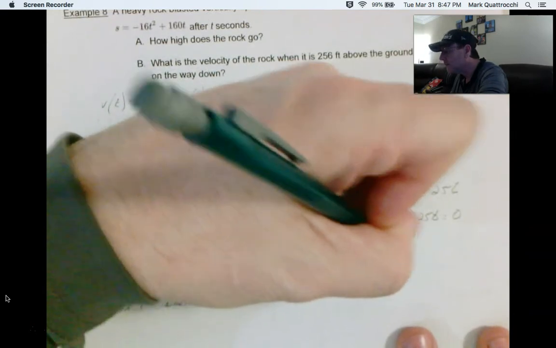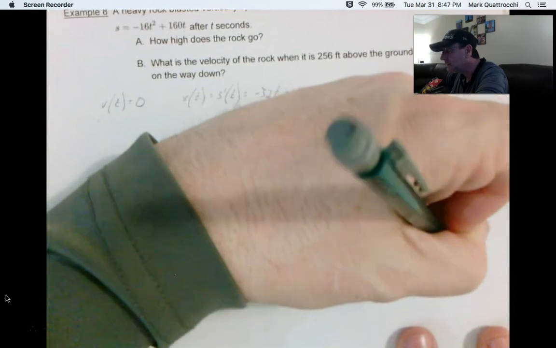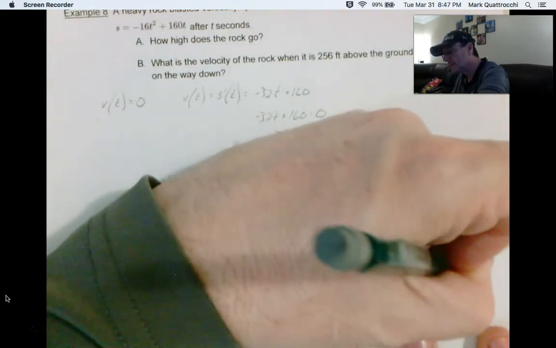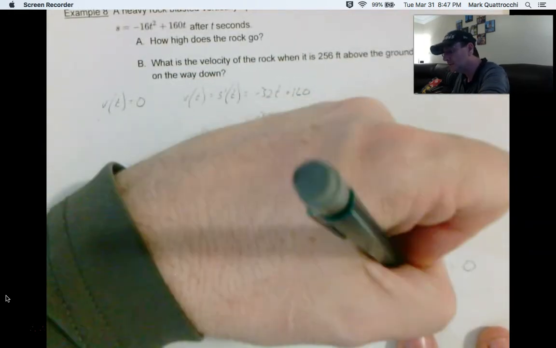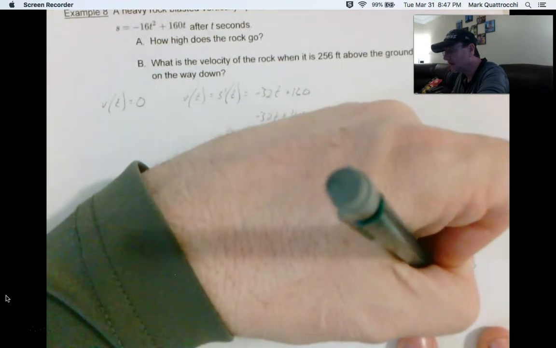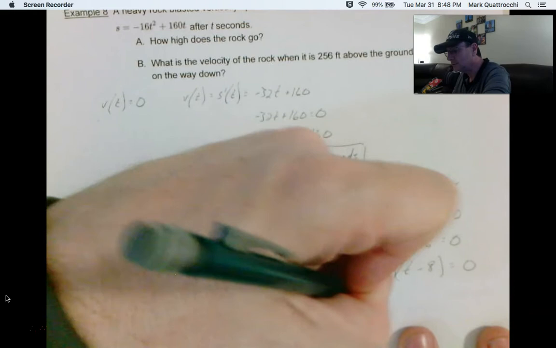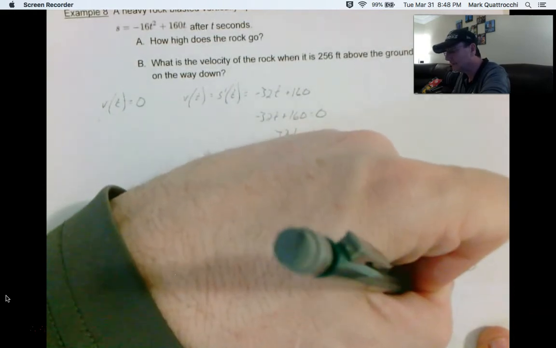T squared minus 10t plus 16 equals 0. Again, this factors into t minus 2, t minus 8 equals 0. So t equals 2 and 8 seconds.